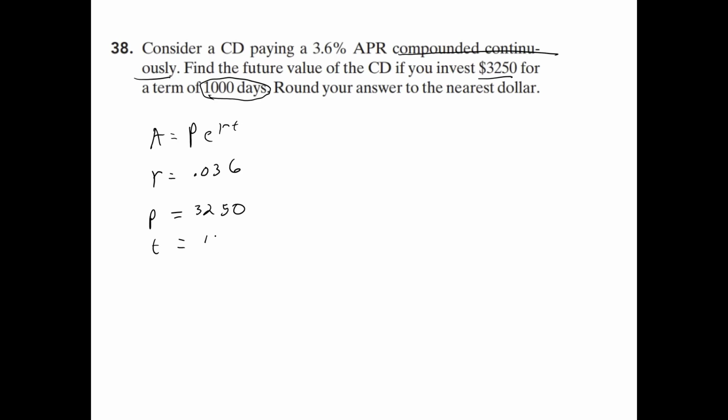But if we divide the 1,000 by 365, then we can figure out how many years we're talking about. And rounded to the nearest hundredth, it's 2.74 years.